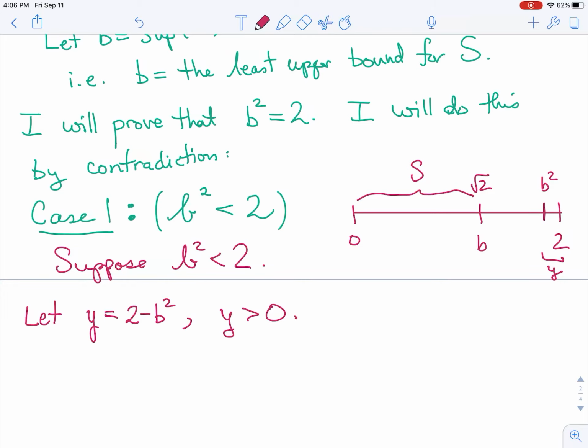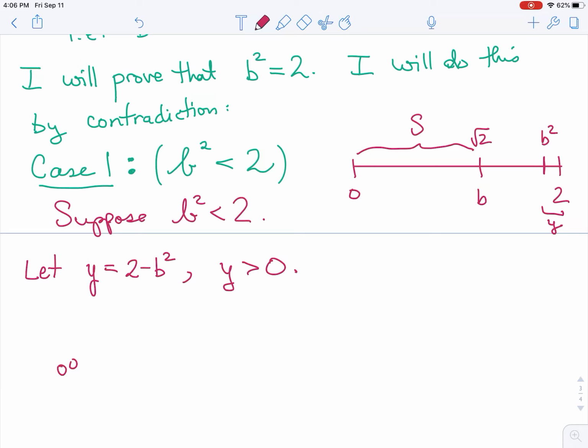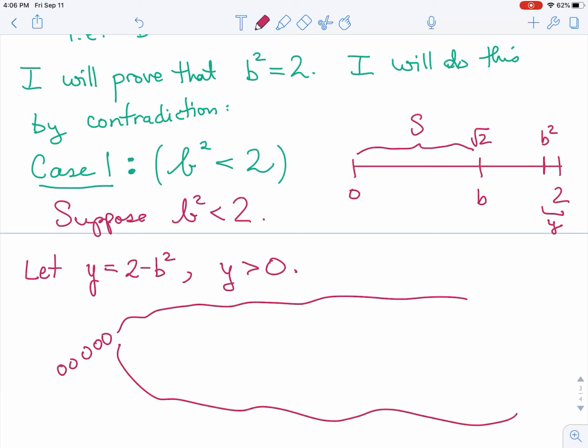All right. So here's my idea. Here's what I'm thinking. This is my thought bubble. Since on this number line, here is b squared, and here is 2, I could probably take b, and add a tiny, tiny number. Maybe I'll call it t for tiny.